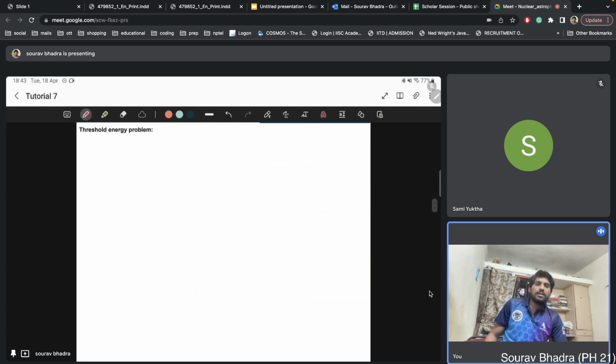I have written it like this, so there is nothing called a threshold energy problem. What we will do is, we have calculated the Q value of a reaction. Now we will find out what should be the minimum kinetic energy of the projectile, so that the reaction happens.